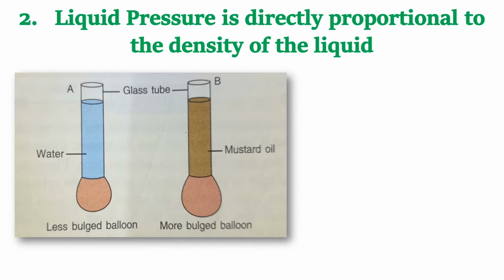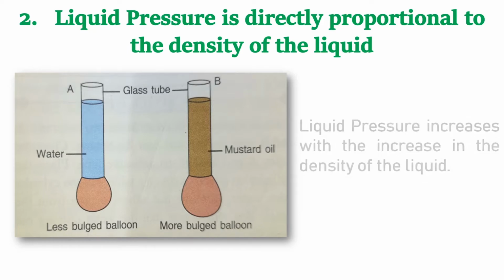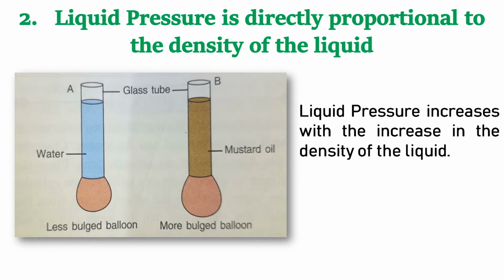You will notice that the balloon attached to tube B bulges more than that attached to tube A. This shows that the same height of mustard oil exerts more pressure than water. Since the density of mustard oil is more than that of water, the conclusion drawn is: liquid pressure increases with the increase in the density of the liquid.